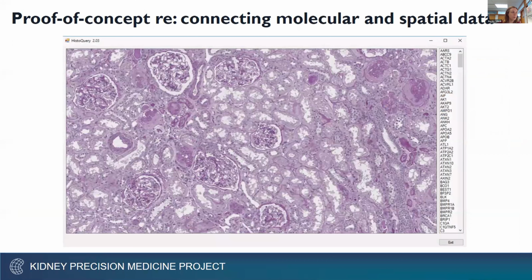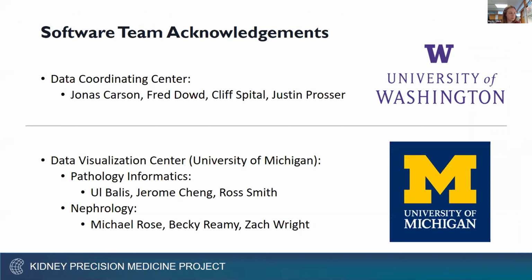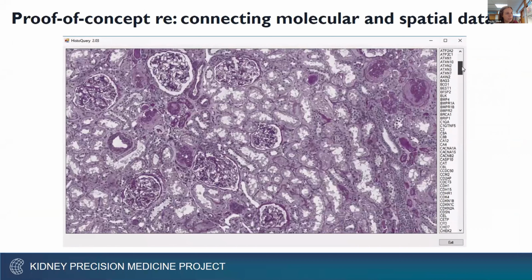So here's another one. Now this is very much a proof of concept as well. Sorry for all the caveats, but this is just, oops, I went too far. I didn't press play. Here we go. This video is showing, so a couple things as this video plays. Please recognize these genes are not based on KPMP data at all. And the structures that are lighting up, that hasn't been validated yet with our pathology team.